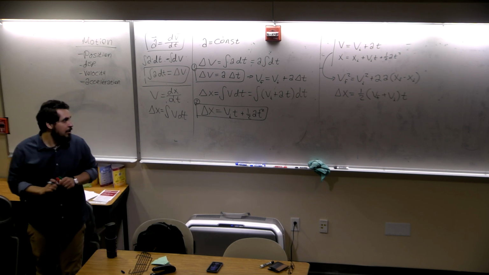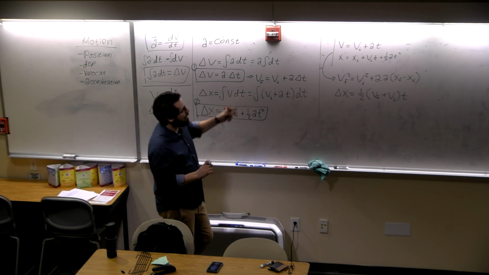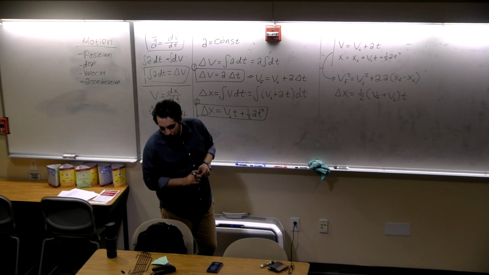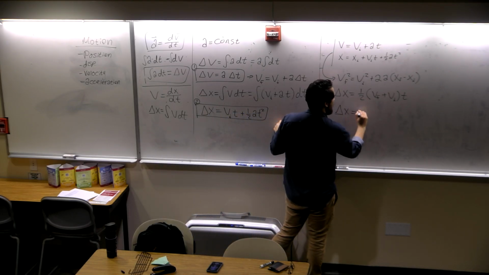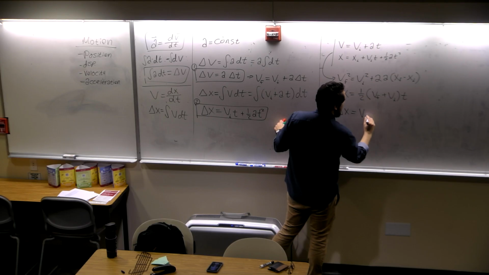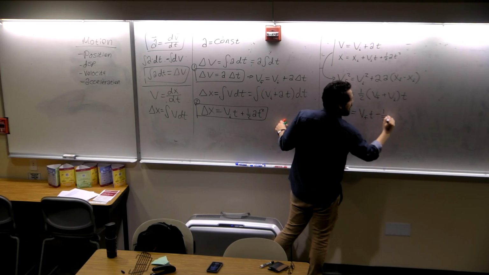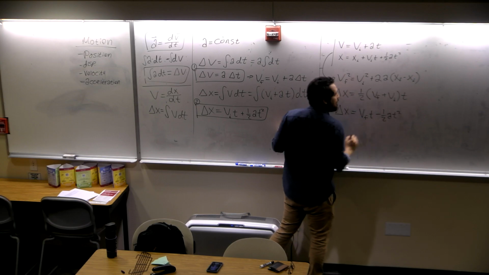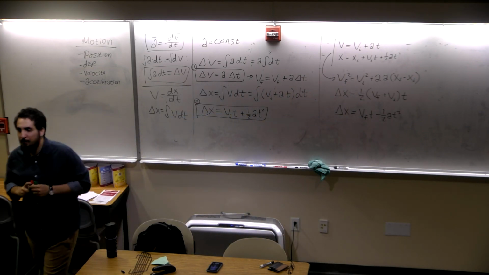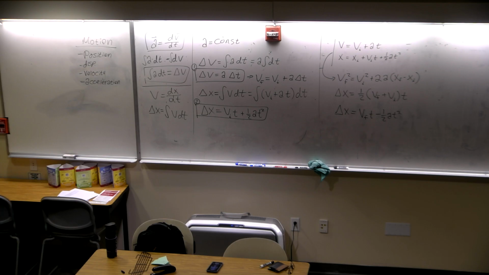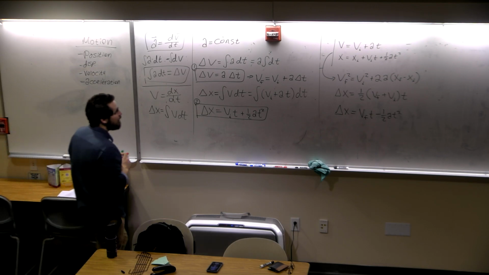And then you can get another derived kinematic equation from the top two: delta x is equal to v final times time minus 1/2 the acceleration times time squared. And these are generally speaking considered to be your kinematic equations for constant acceleration motion.